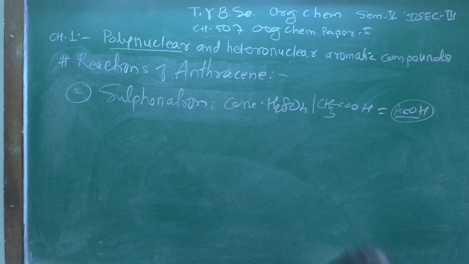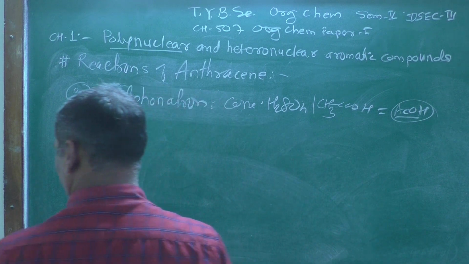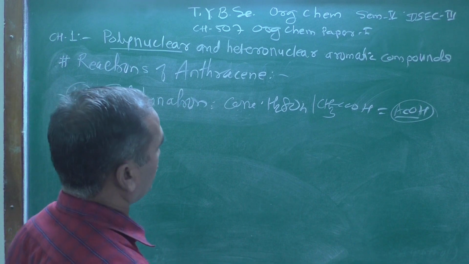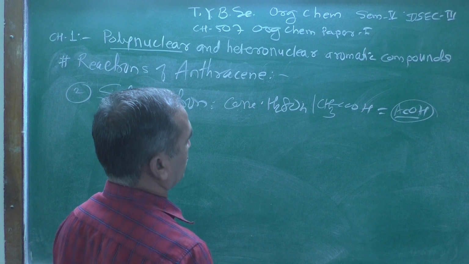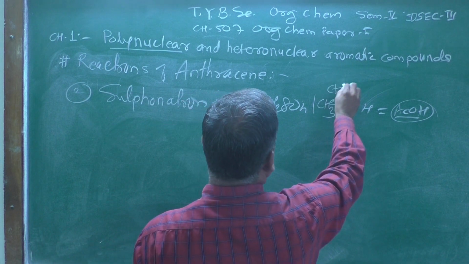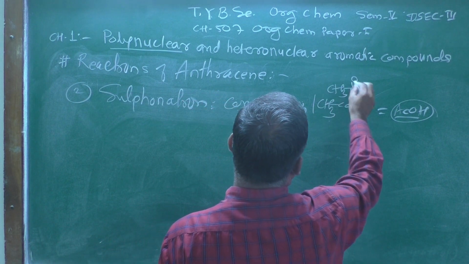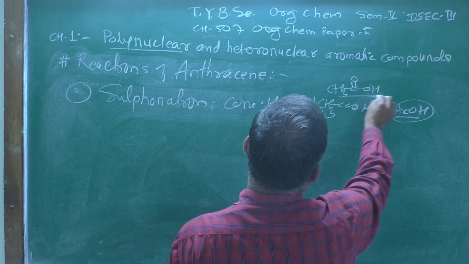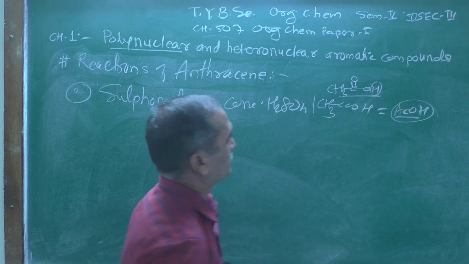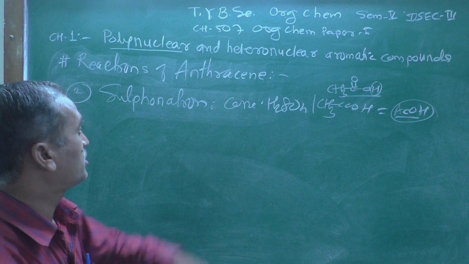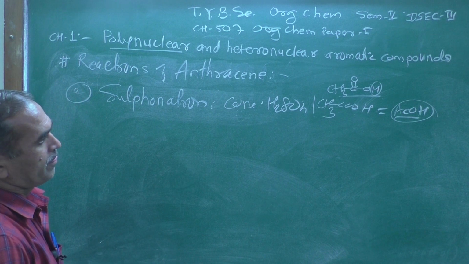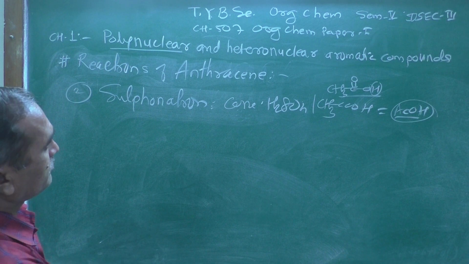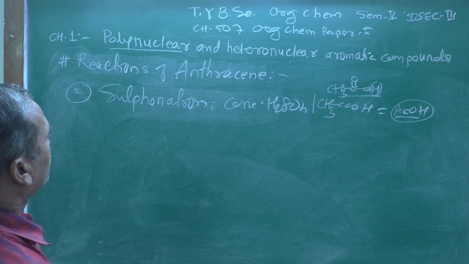There are different ways to represent acetic acid. Generally we write CH3-C(=O)-OH. Why is it an acid? After dissociation it produces H+, and that's why it is acidic in nature.